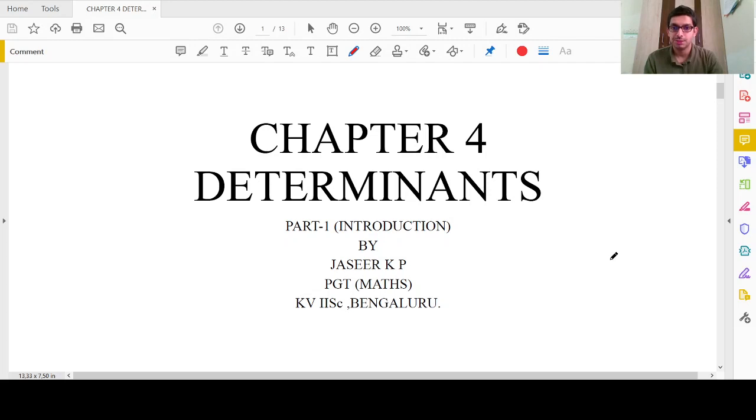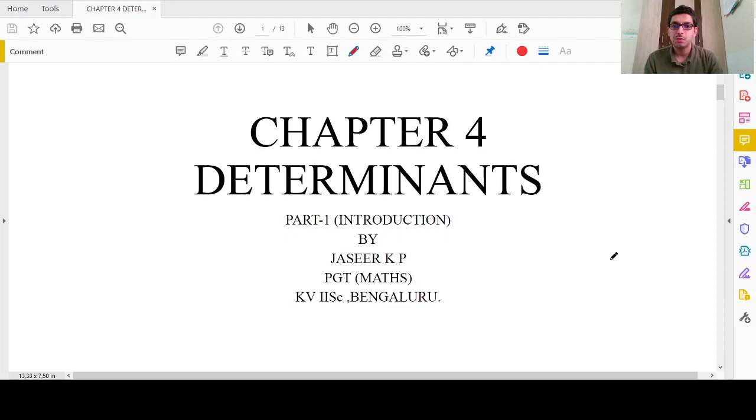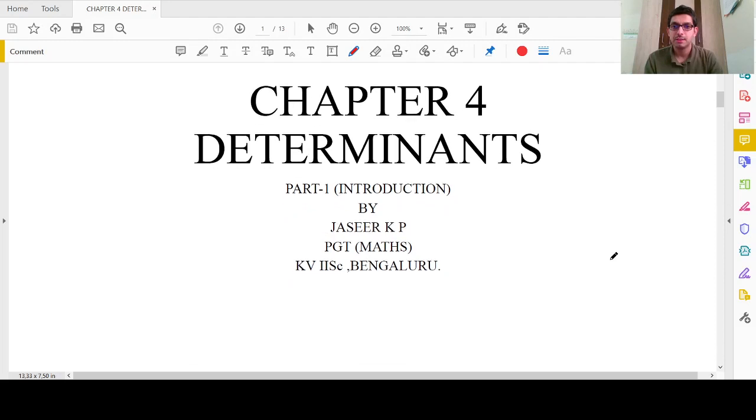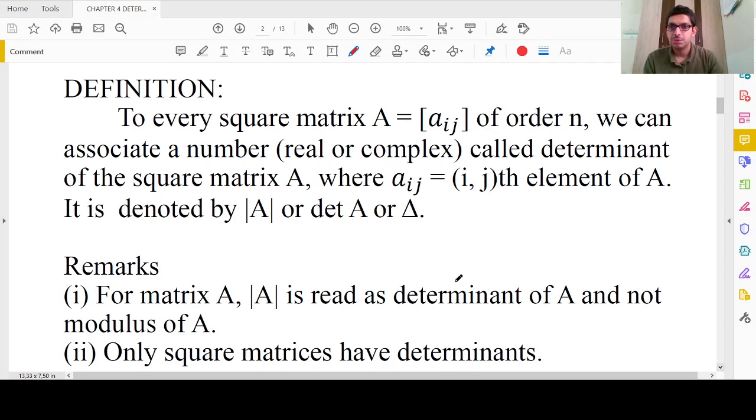numbers or functions. Now, for determinants: corresponding to every square matrix A of order n, we can associate a number.